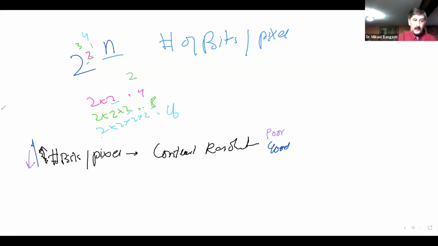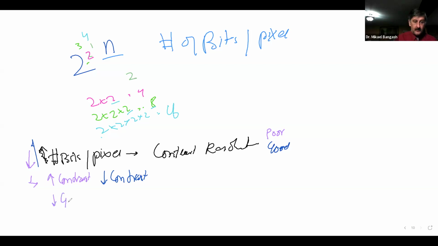But likewise, we can also say that the lesser number of bits leads to a greater contrast, and vice versa, lower contrast. This greater contrast, because of lesser number of bits, also means that we have a smaller grayscale.